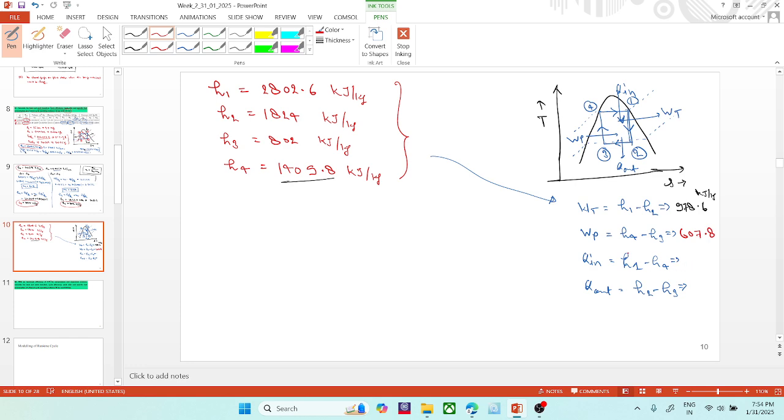Next, heat input H1 minus H4: 2802.6 minus 1409.8, which is 1392.8. Then Q out would be H2 minus H3, 1824 minus 802.